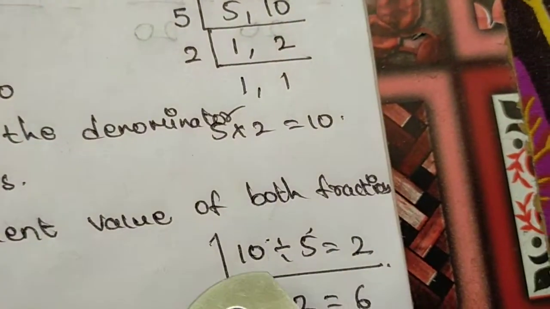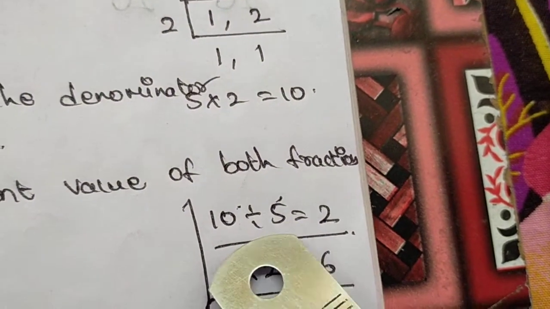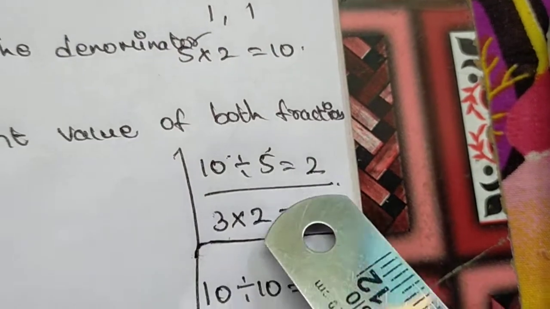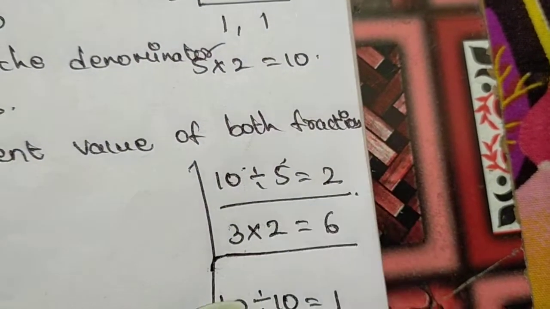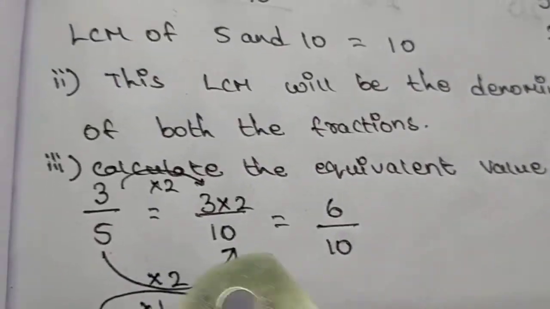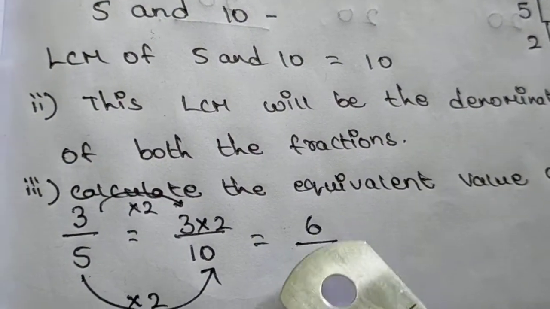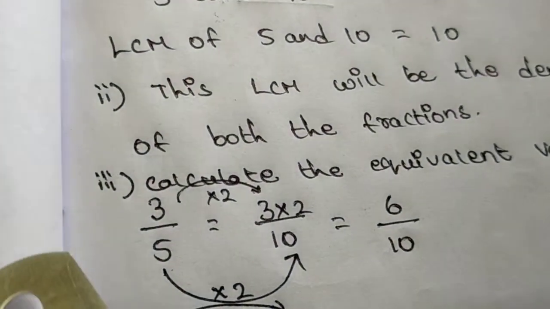When you divide 10 by 5, you get 2. 2 is the quotient. Now you multiply this quotient with the numerator, 3. So now you get 6 by 10. Let us make it again in one more way.